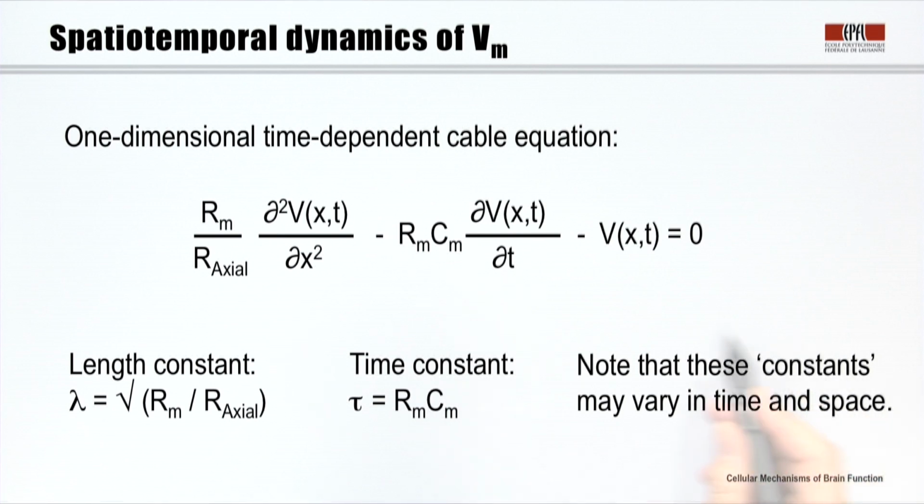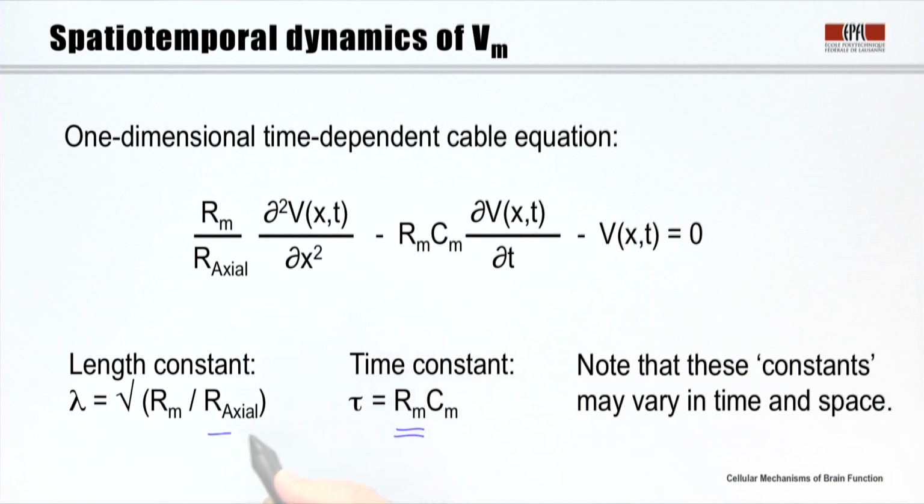It's worth noting that these constants are actually variable in time and space. The membrane resistance depends upon how many ion channels are open at any given time, and in general the open probability of ion channels is something that's highly regulated, and so the membrane conductance and membrane resistance varies considerably over time. In fact, that's what drives the membrane potential changes in a cell.